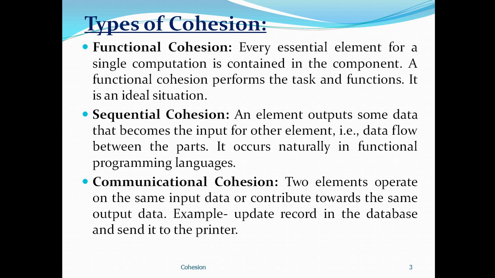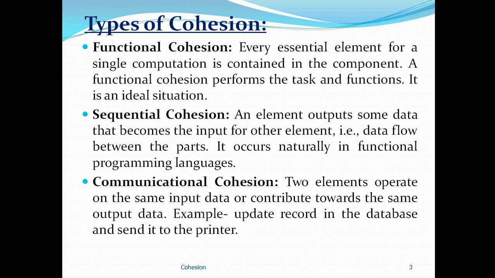Sequential cohesion performs the operations for a single task, so a number of processes are to be completed. For example, say there are 3 processes, A, B, C. Process A is completed and its output is sent to process B, and when B is completed, its output is sent to process C, and finally C is completed. So these are all combined into a single task.